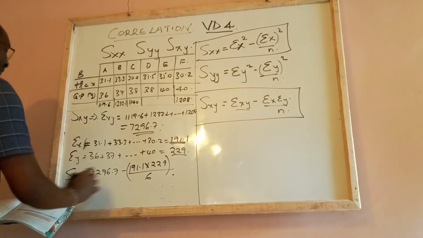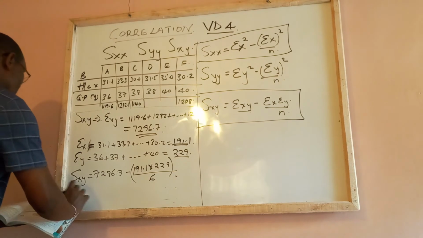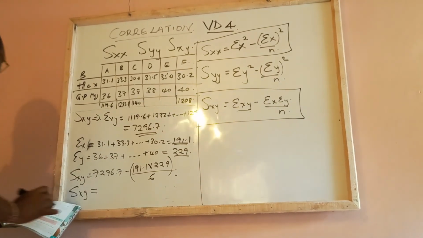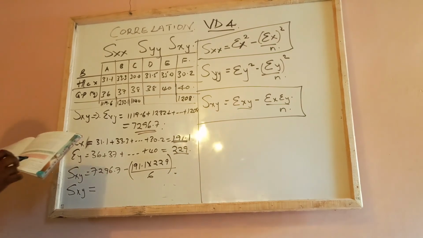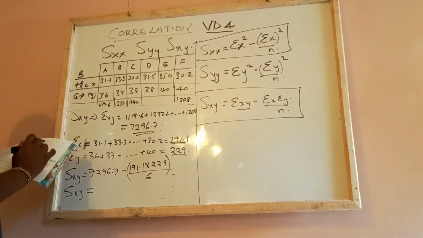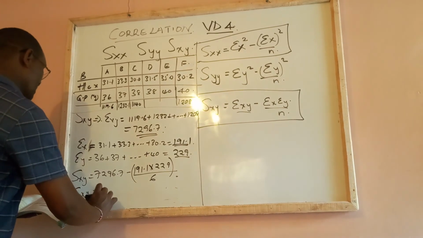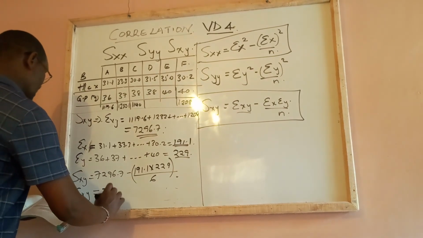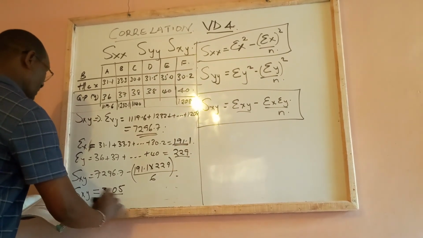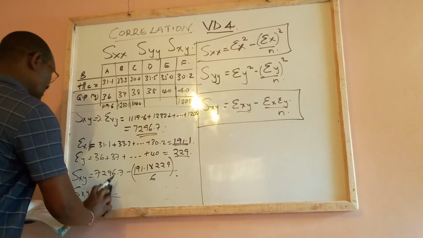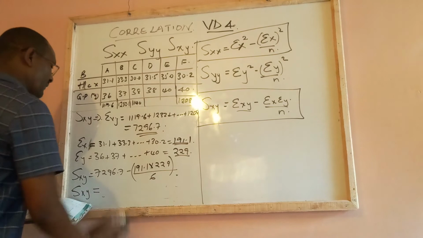After you evaluate all this using the calculator, you'll find that Sxy is equal to 3.05.